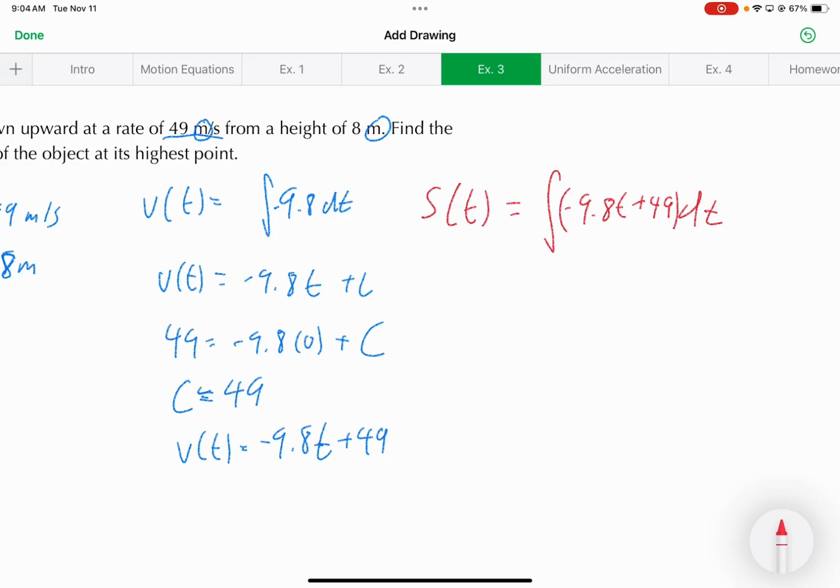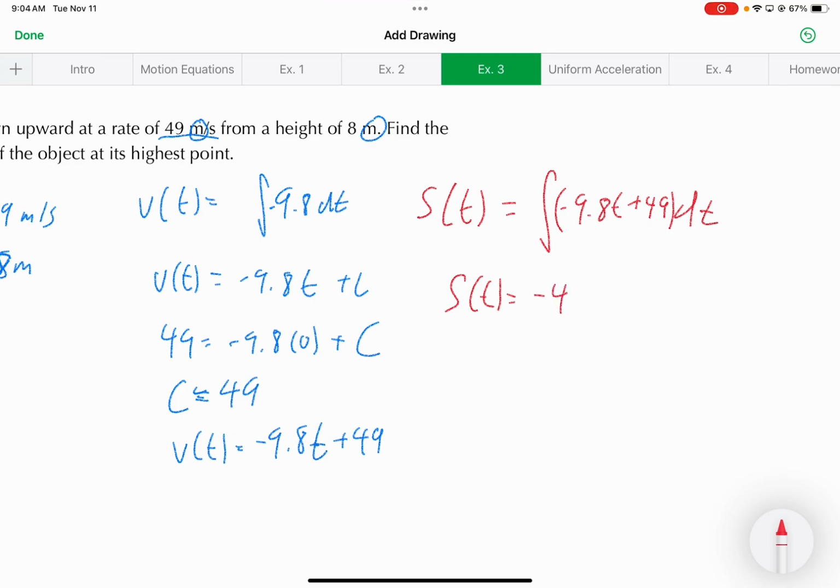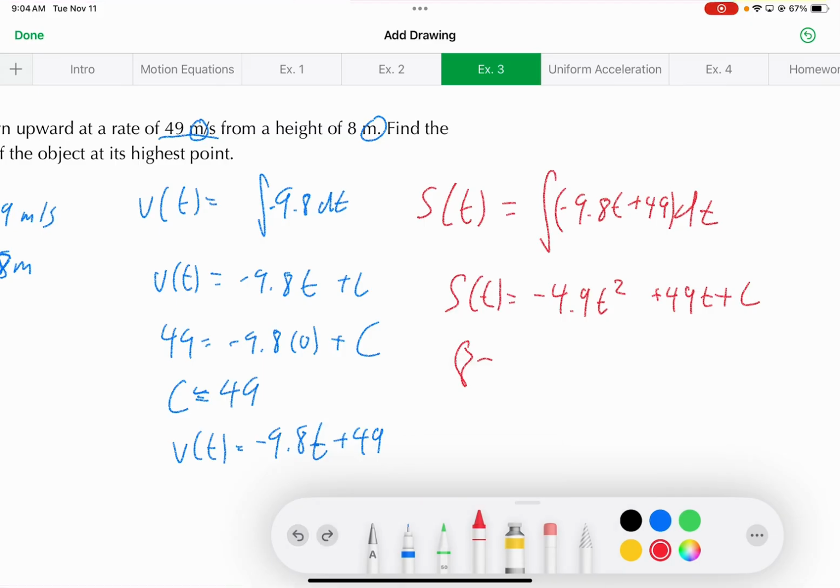All right, s of t equals, so I'm going to have negative 9.8, but it's going to be over 2, so negative 4.9, not negative 5, because we got to use negative 9.8, not 10, and then plus 49t, and then plus c. But our c is 8, and you guys are probably starting to develop the pattern here.